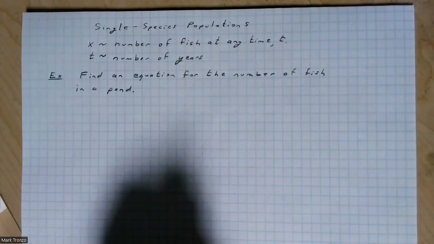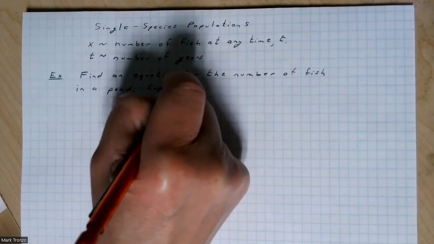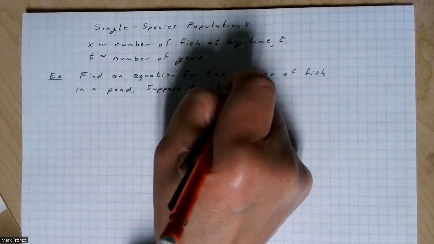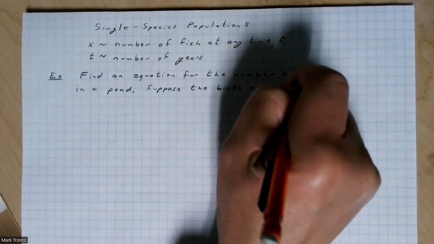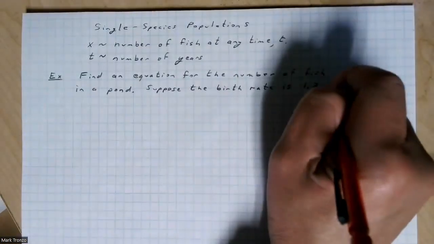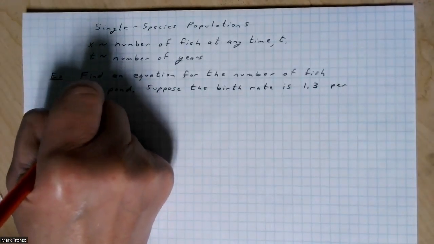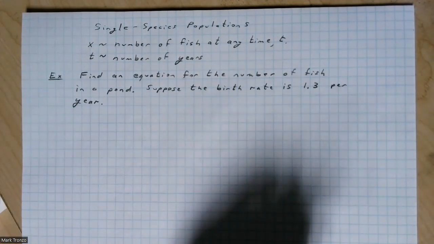And let's say, suppose the birth rate is 1.3 per year. That would mean maybe for every fish, there are 1.3 born every year.